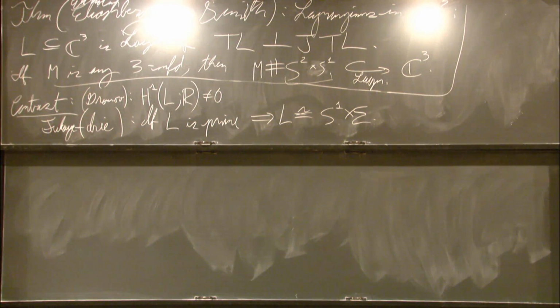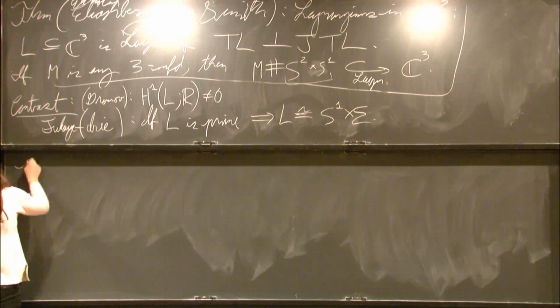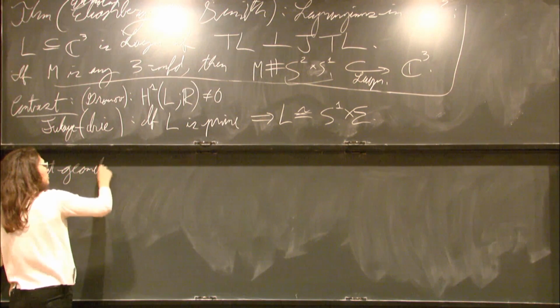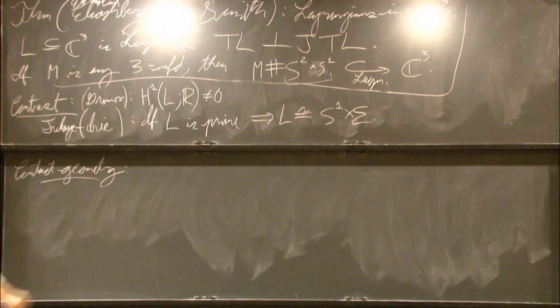Now let me move on to abstract contact geometry. This will be fast. I said that contact was defined by being locally equivalent to this. So in general, a manifold is contact if it has a hyperplane distribution locally equivalent to this, glued by things which preserve this.